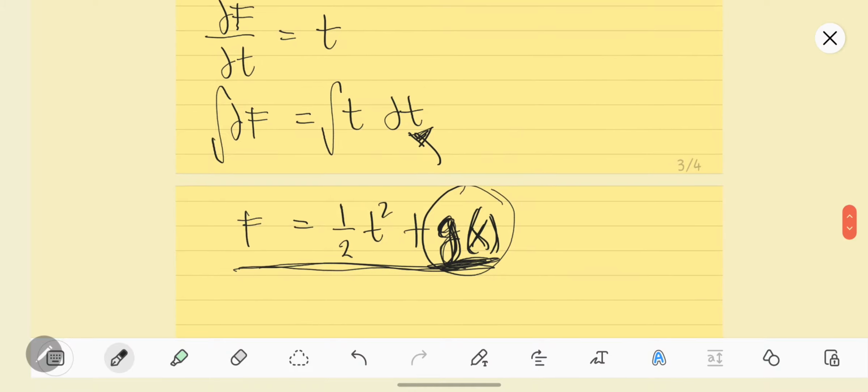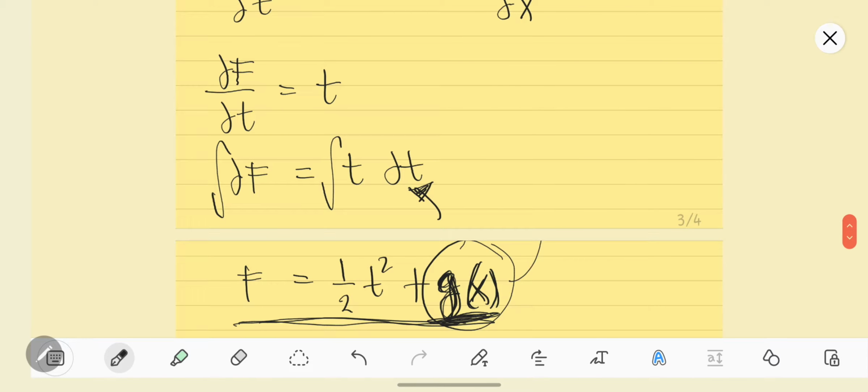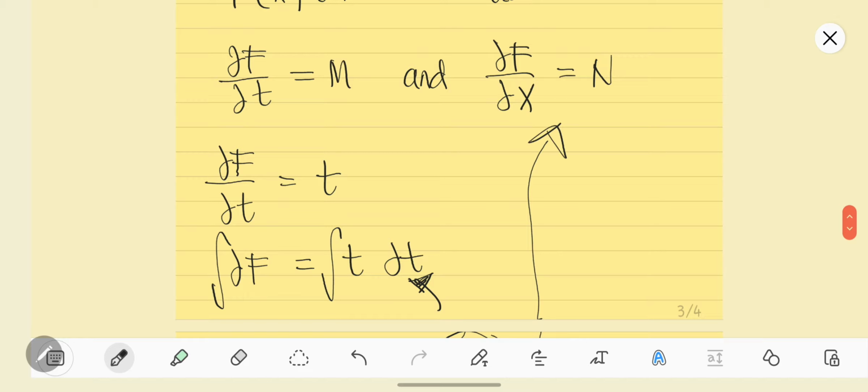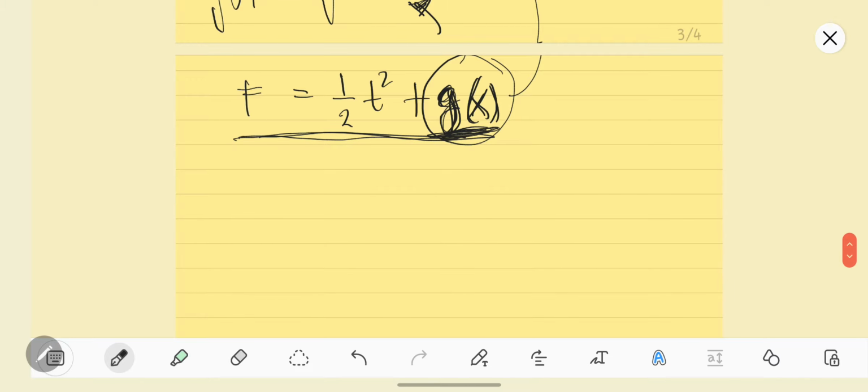Now we can try to plug this into the equation where the partial derivative of f over x is equal to n. Before plugging, we need the derivative of f with respect to x. The partial derivative of f with respect to x is the derivative of 1/2 t squared, which becomes 0 because we are now differentiating with respect to x, so we can treat it as a constant, plus the derivative of g of x, that's g prime of x.